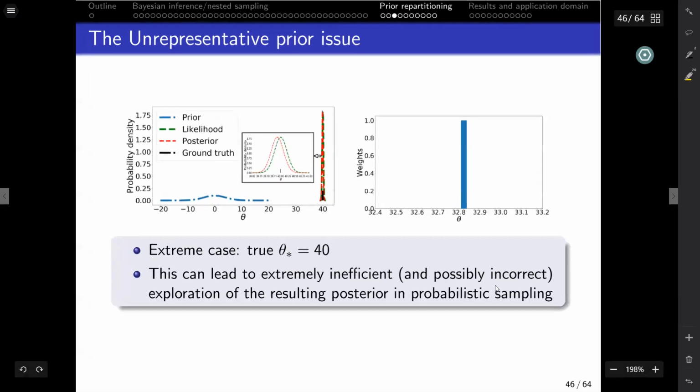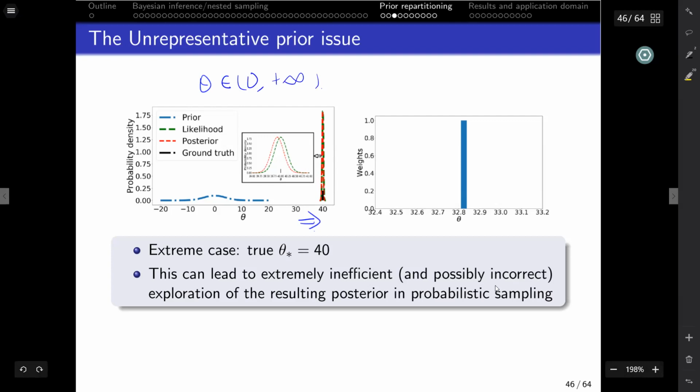But if we continue to move the truth from 30 to 40, or 50, to 100, to 1000, because in most problems we don't really have a very tiny physical prior region. For example, in most cases we might have theta belonging to 0 to plus infinity.